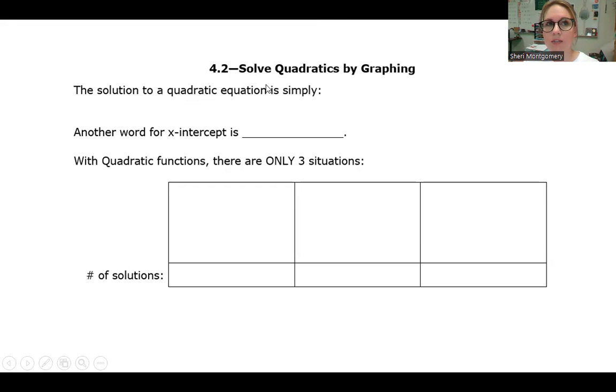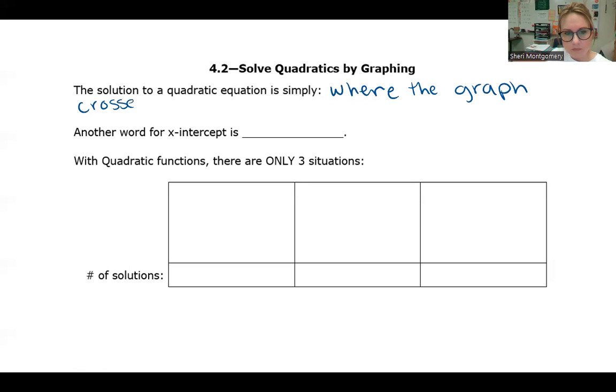So obviously there's a lot of different ways that we're going to solve them, but you need to know what the solution is. The solution to a quadratic equation is simply where the graph crosses the x-axis.